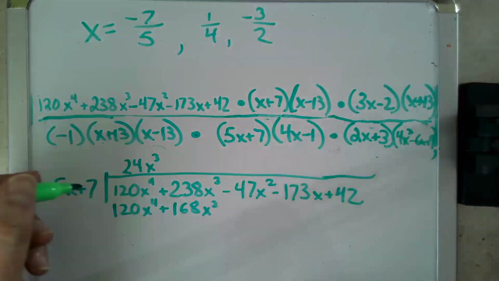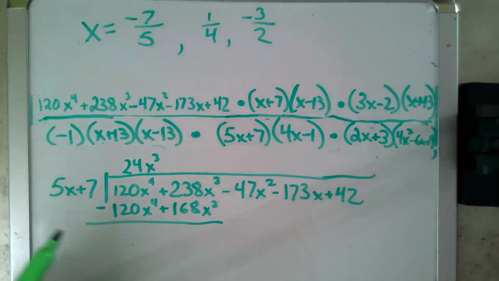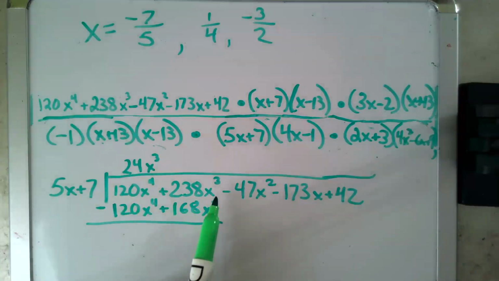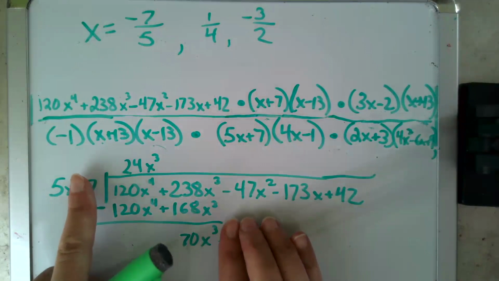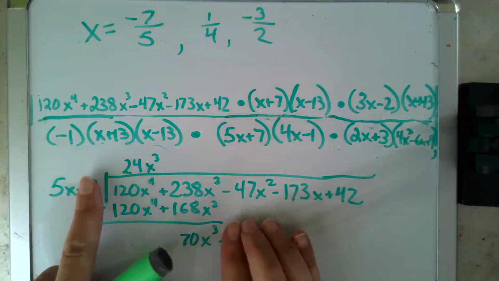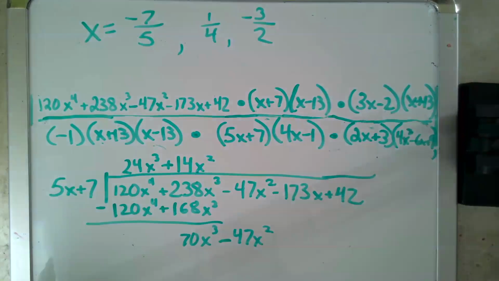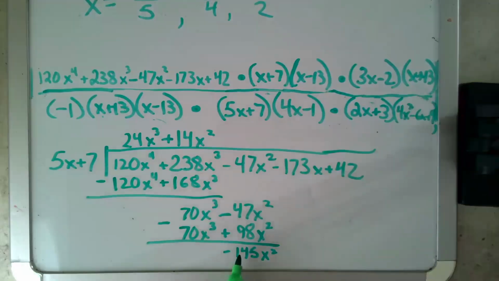And now we subtract: 120x to the fourth minus 120x to the fourth, 0. 238x cubed minus 168x cubed, 70x cubed, and we bring down our next term. We rinse and repeat. We're looking only at 5x divided into 70x cubed. That equals 14x squared. Multiply that through. That equals that. Subtract 145x squared.